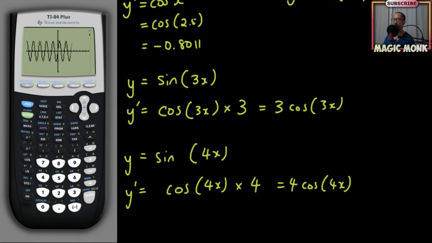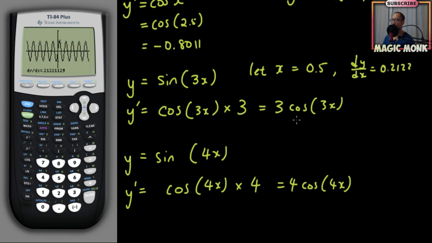Now let's go to a random x value. Let x equal 0.5. What's y dash, or dy over dx, same meaning? Let's go to second calc, number 6 for dy over dx. Put 0.5 in, and the answer is 0.2122.